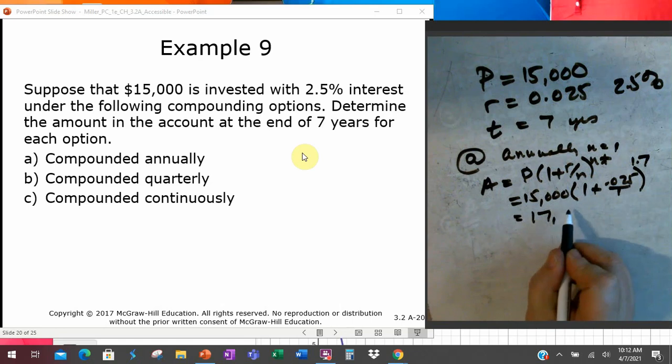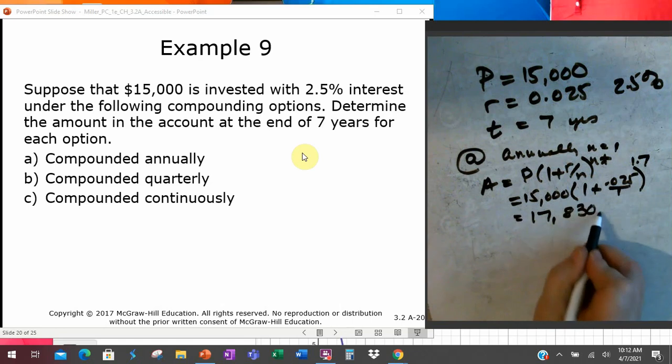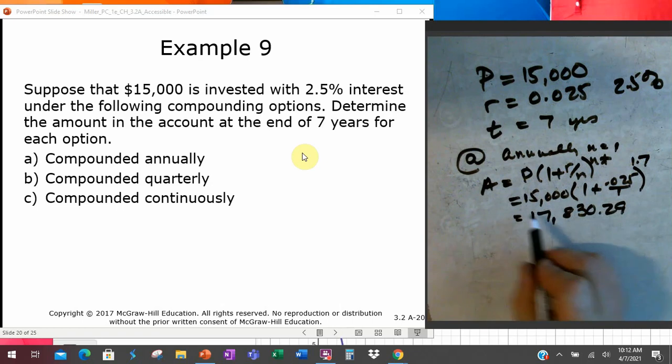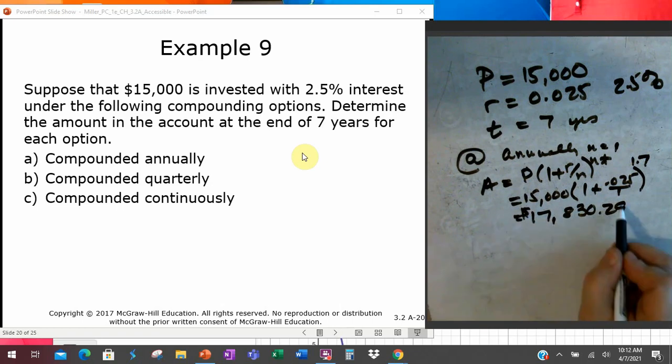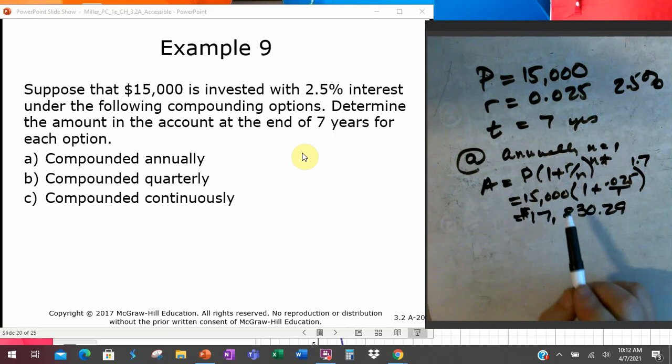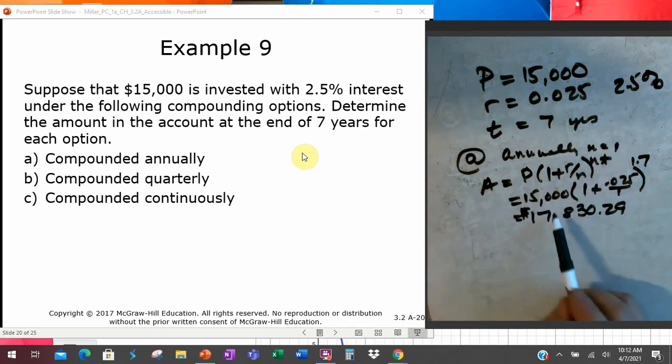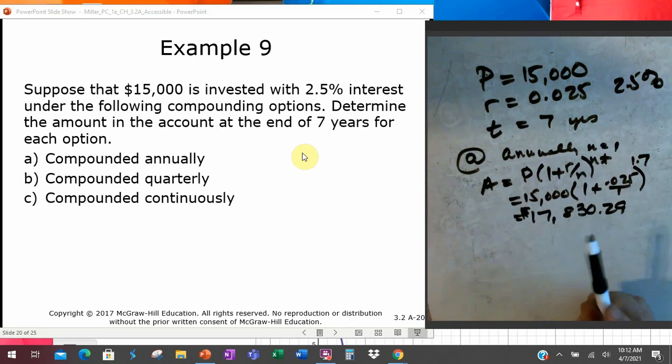And I would have $17,830.29. I always round dollars to 2 decimal places. A little more than what I started out with. Over those 7 years at 2.5%, I actually made $2,830 in interest. If I was doing simple interest, they would have just given me the interest, and I would have had the original amount.